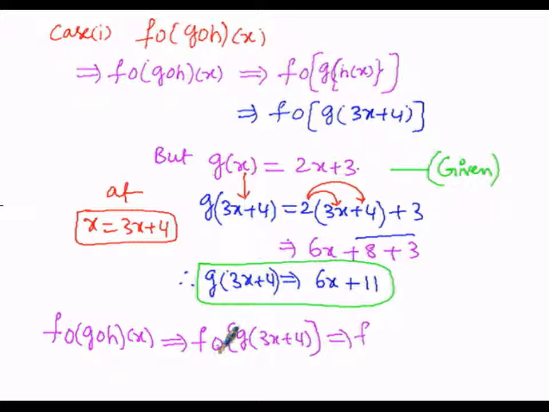When this circle is removed, I have to write a bracket around g of 3x plus 4. Then f of g of 3x plus 4 is f of 6x plus 11. So here we have to find f of 6x plus 11 in order to get the value of f circle g of h of x.